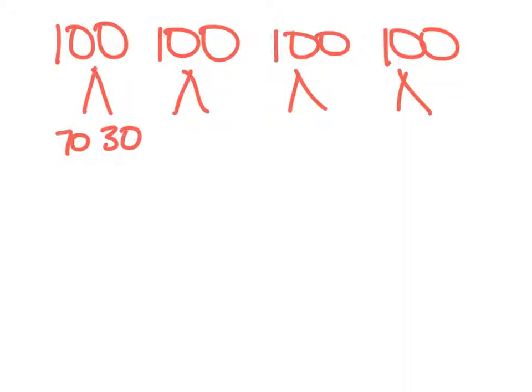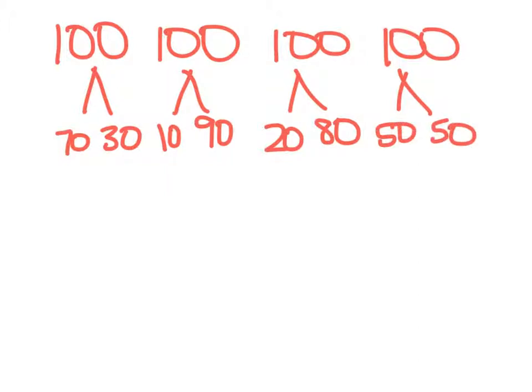The first one is 70 and 30 as my add-ins and 100 is my total. My second one is 10 and 90 as my add-ins, and my total is 100. My next one is 20 and 80 as my add-ins, and my total is 100. And 50 and 50 are my add-ins, and my total is 100.